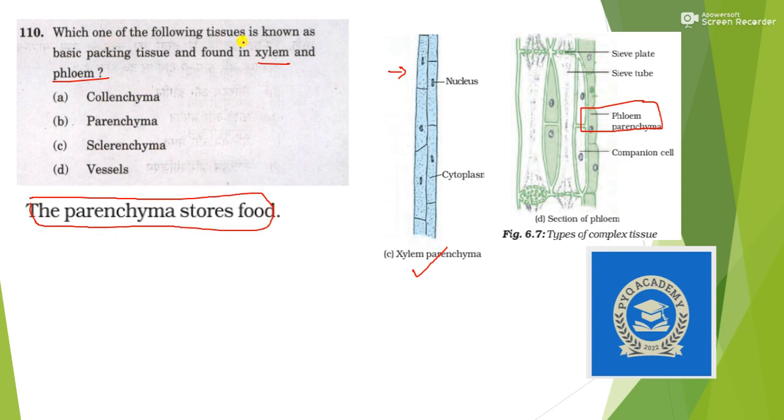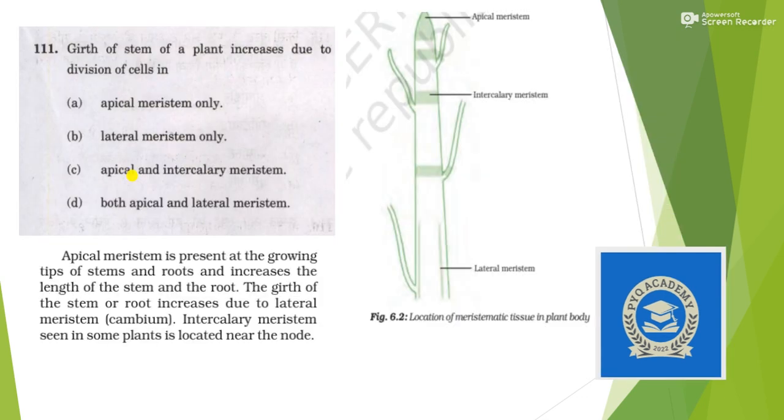So parenchyma is found in both xylem and phloem, and it also stores food. Our answer is parenchyma.